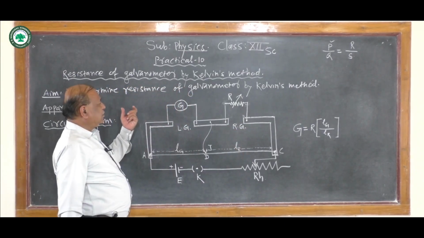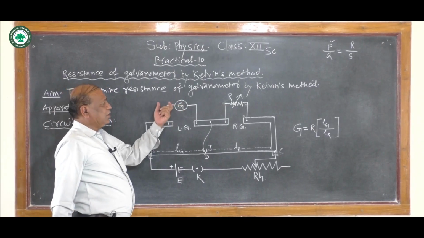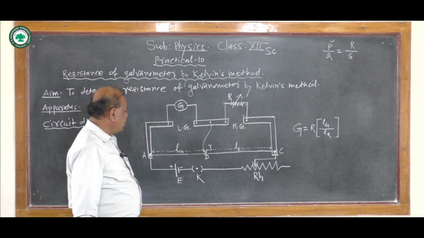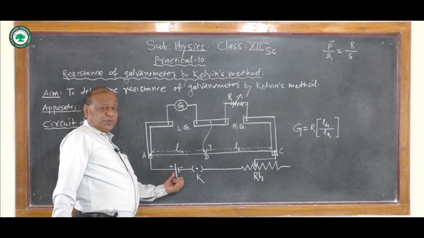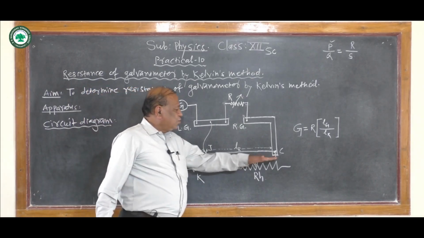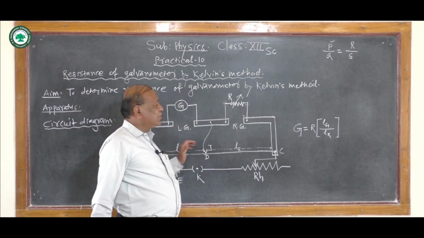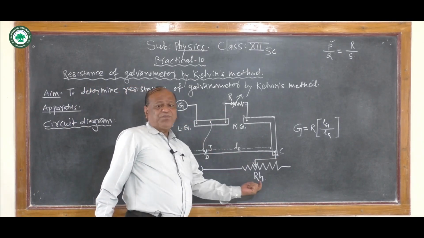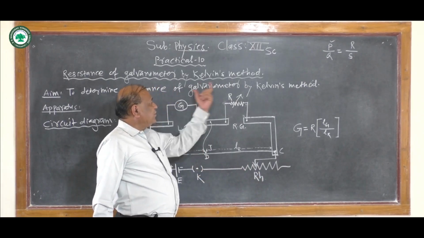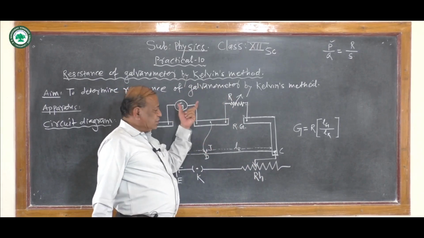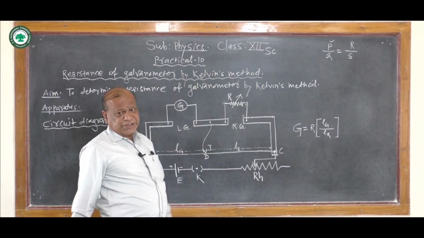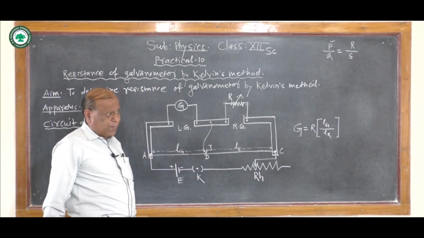Again we need a galvanometer, a variable resistance box, a source of EMF, that is a battery E, a plug key K, and a rheostat to change the resistance of this bridge. We have to adjust the values of these resistors by this rheostat to get the balancing condition for the Wheatstone's network.